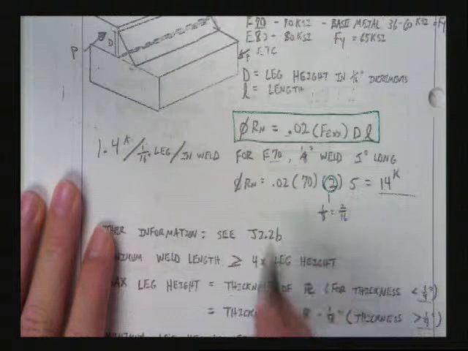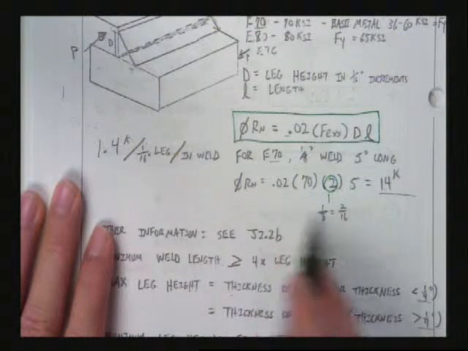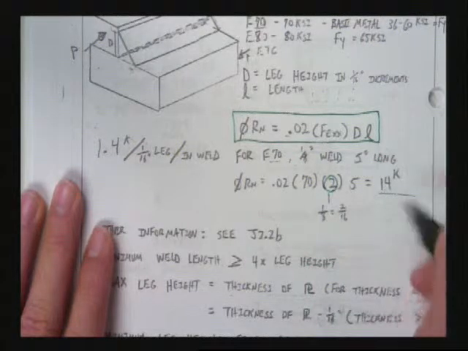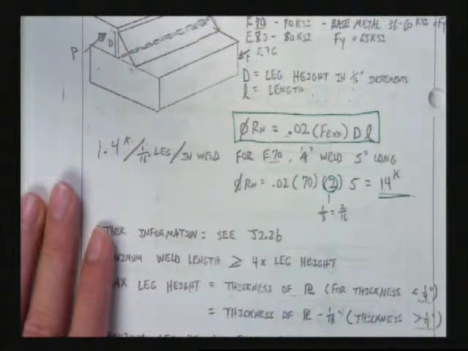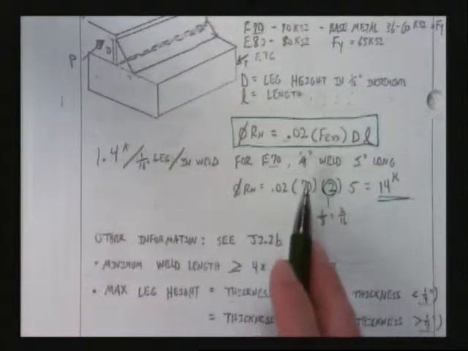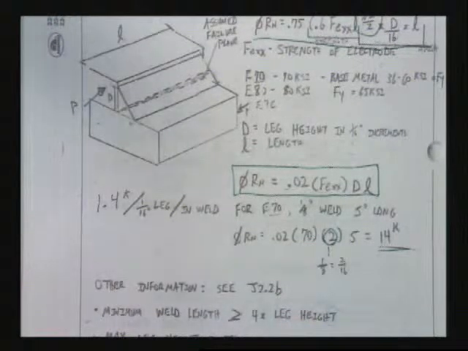So I took 0.02 and I multiplied by 70. I multiply a D of 2 and a length of 5, and I get 14 kips. Now I have a lot better ability to remember this equation than the other one, and that's why I use it. And that's why I suggest you use it as well.